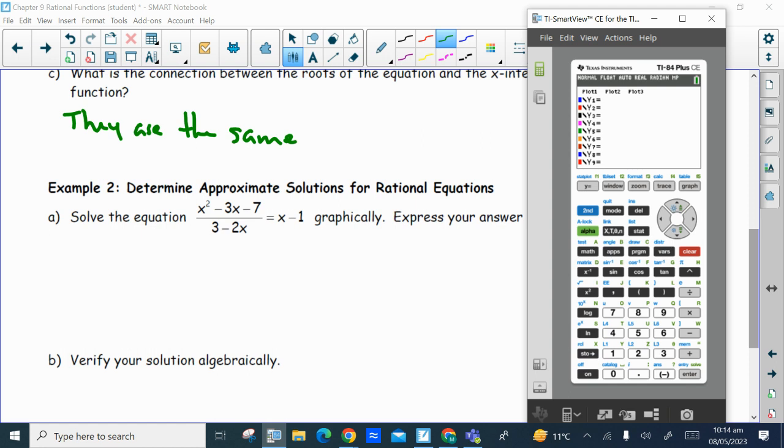So y1 is where I'll put the left side, and again, we'll need to use brackets to keep the numerator and denominator together. The right side will just be x minus 1. That's equation 2. And now we're going to find the points of intersection between these two graphs.